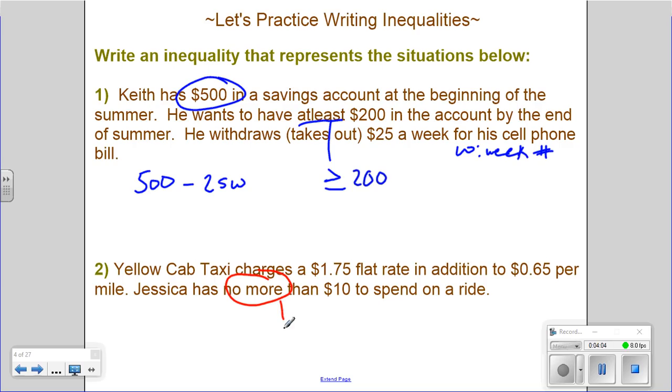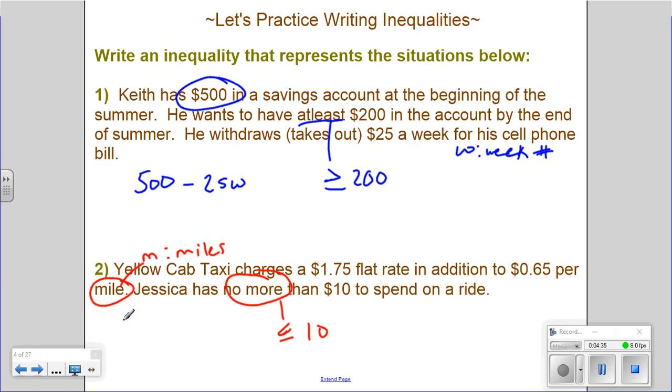So that means we're going to use less than or equal to. And again, she can't go over $10. We need a variable to represent miles, so let's go with M. Again, it's for miles. So always establish your variables up front so you don't forget what they represent.